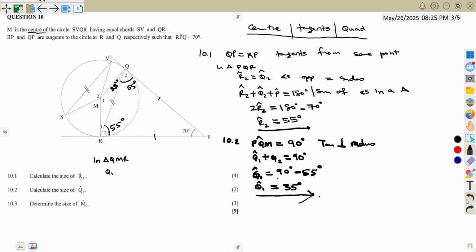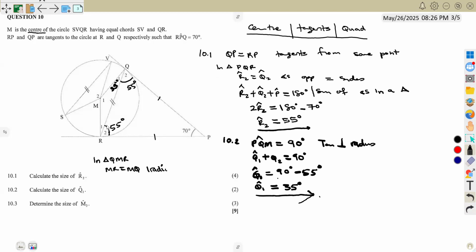So before we go to those angles, we can establish that MR is equal to MQ. The reason for that, they are both radii.